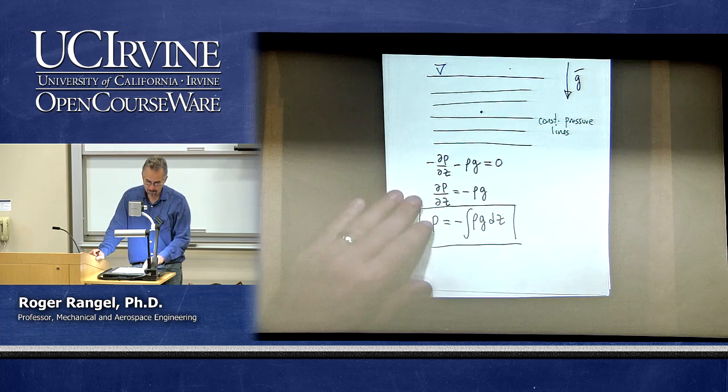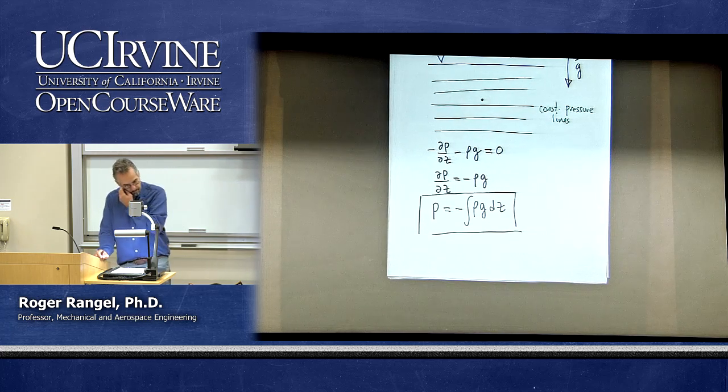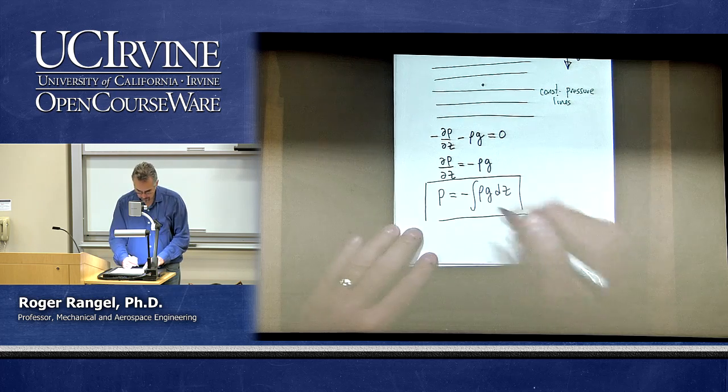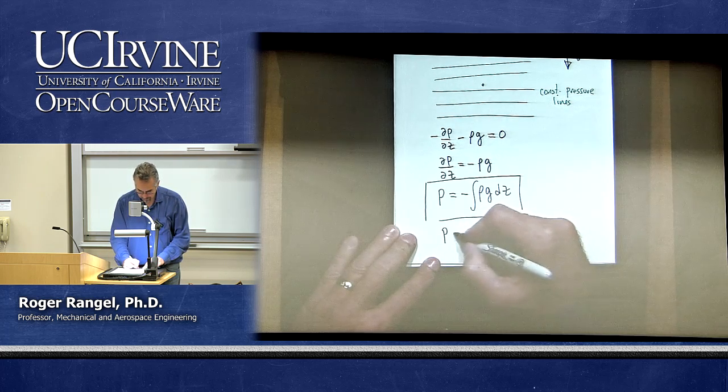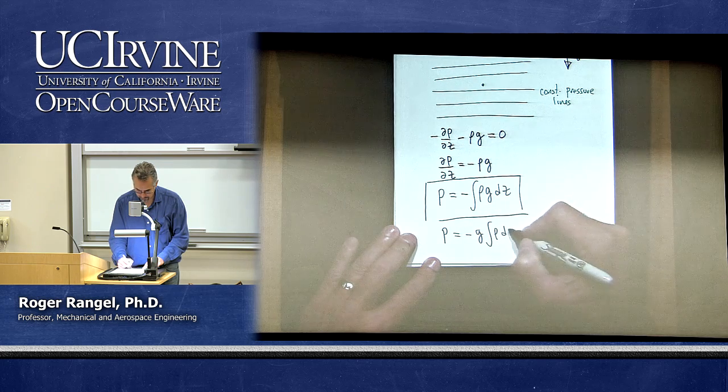In that situation, you may have to consider a variation in gravity. But for most practical problems in engineering, we can take gravity to be constant. So the problem reduces to, you take g constant out, the integral of rho dz.